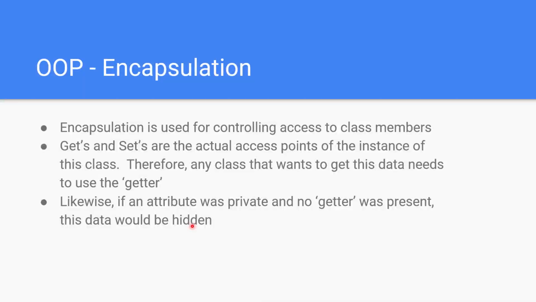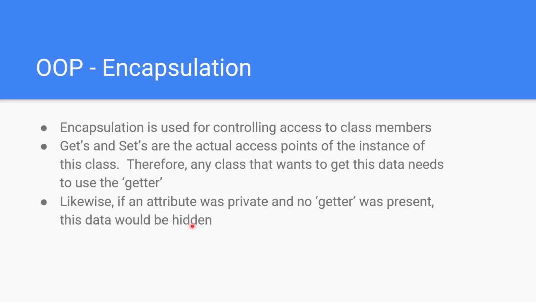So encapsulation, we talked about encapsulation, and encapsulation is a concept in object-oriented programming. It is used for controlling access to members of the class, such as the data, such as the methods. Gets and sets are actually access points for the instance of the class.